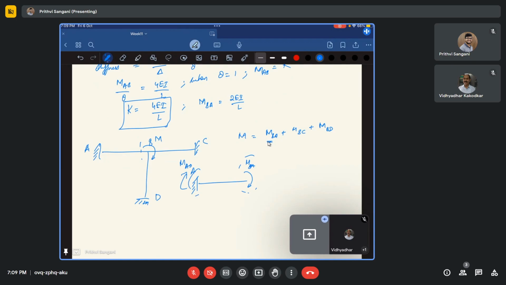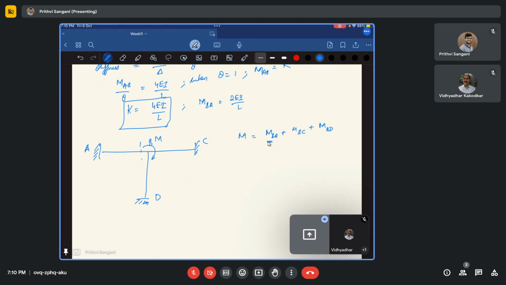At the end, the main goal of structural analysis is to find the internal forces by finding the support reactions. That is why we need to find MBA, MBC, and MBD. To find them, we should know in what proportions they are getting distributed. So how can we solve for this?